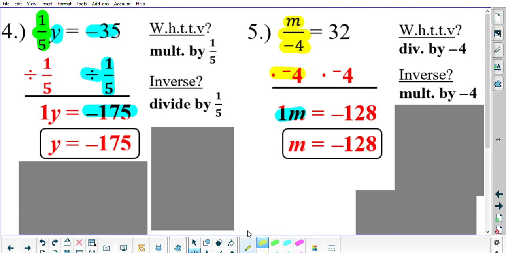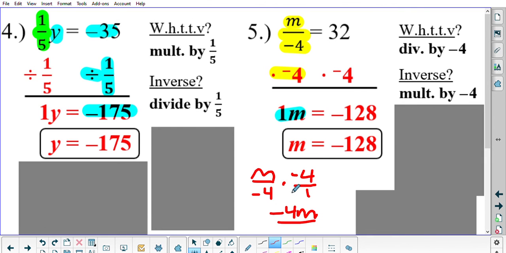Let me show you why that is definitely not going to happen. This is something I've actually taught you before. If I take the parts highlighted in yellow and I write that out, we have m over negative 4, and we are multiplying it by negative 4. That negative 4 is the same as negative 4 over 1. And then if I multiply numerator times numerator, I would get negative 4m. That's in the numerator.